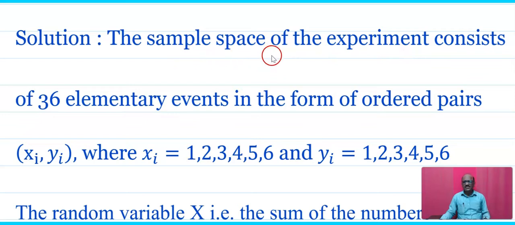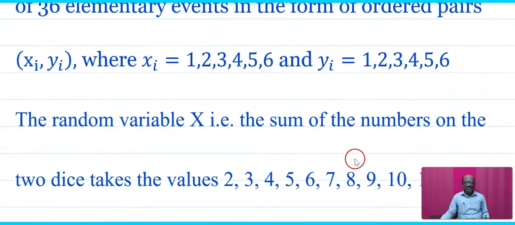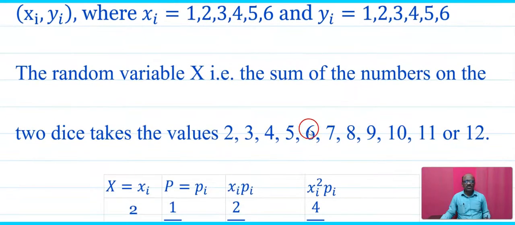The sample space of the experiment consists of 36 elementary elements in the form of ordered pairs xi, yi. The values of xi are 1, 2, 3, 4, 5, 6, and y are also the same, 1, 2, 3, 4, 5, 6.